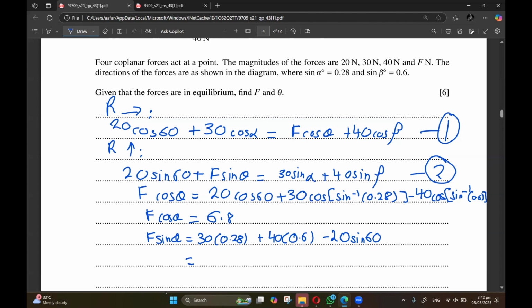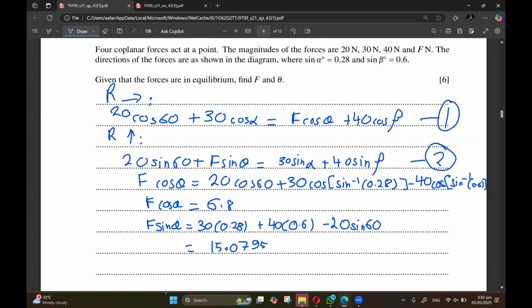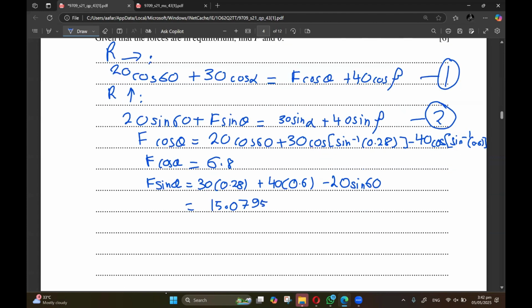Okay, so this we get is 15.0795. If there is a value with a lot of decimal places, try to take it to 4 decimal places. That always gives the most accurate value.